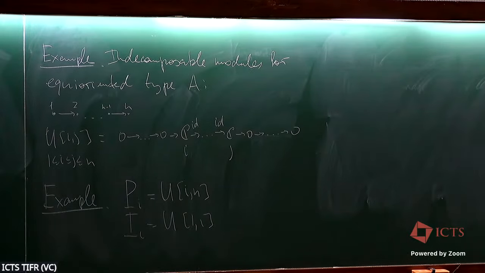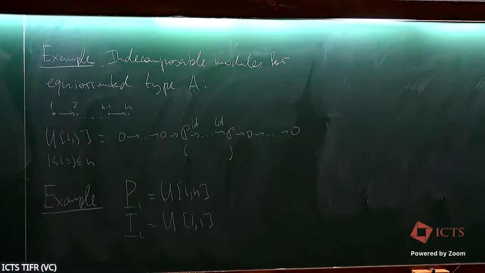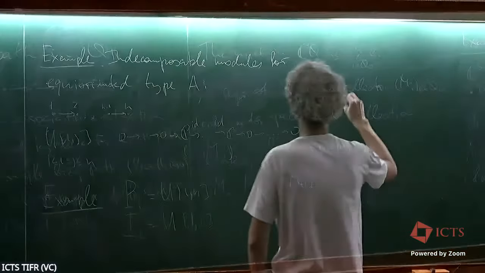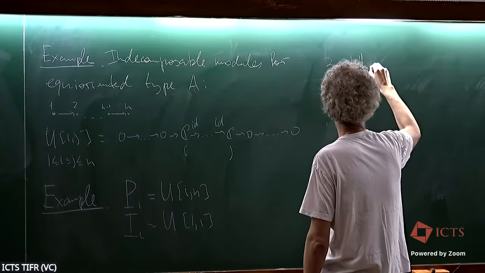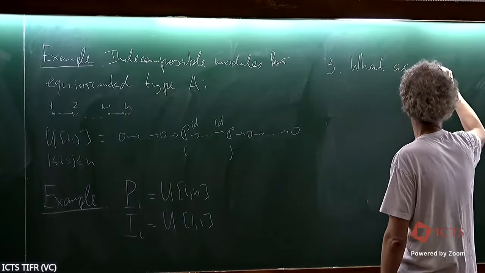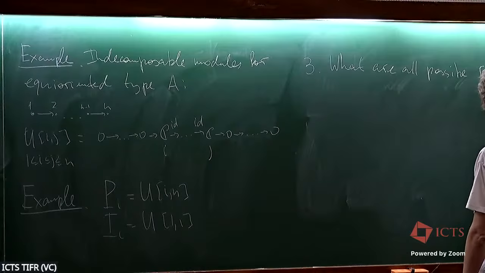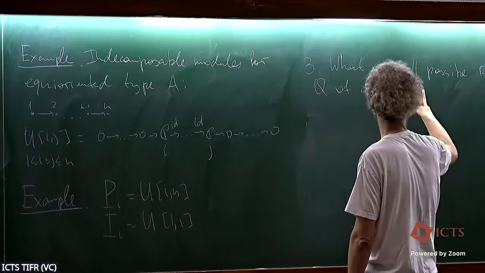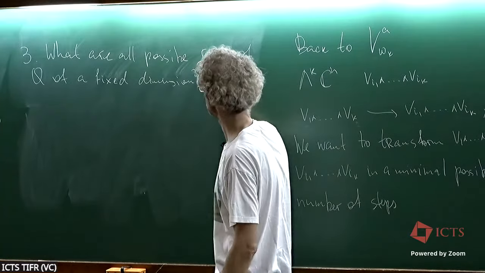Good. So now we have these quivers and the representations. Now let us try to explain what all possible representations of Q of fixed dimension are.